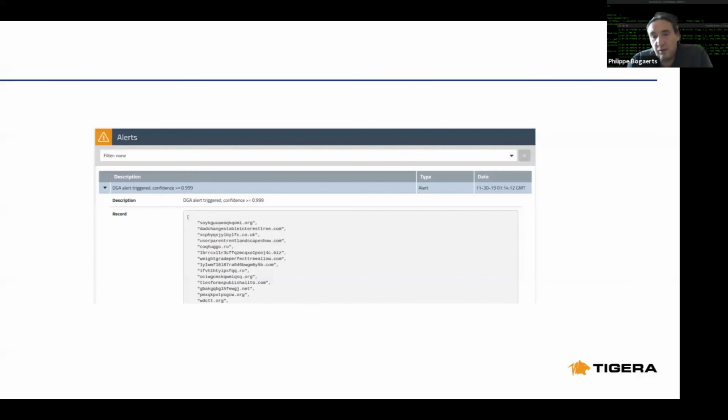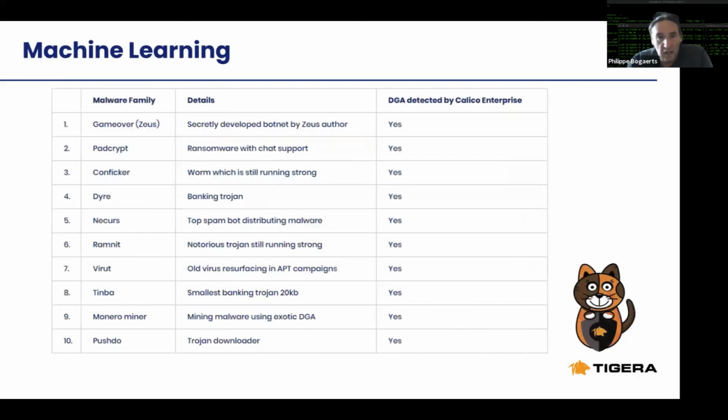If Calico Enterprise detects these randomly generated domain names, it will issue alerts and potentially block them. I didn't verify this, but these are malware families we tested against the algorithm, and we had pretty good results in detecting the domain name generation.